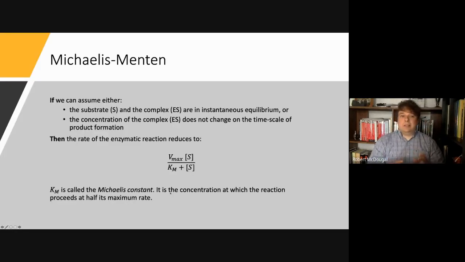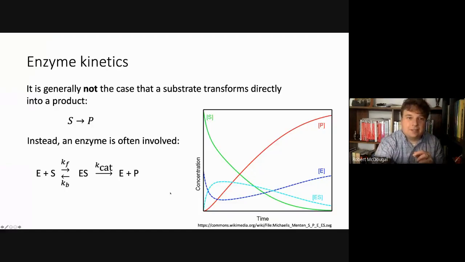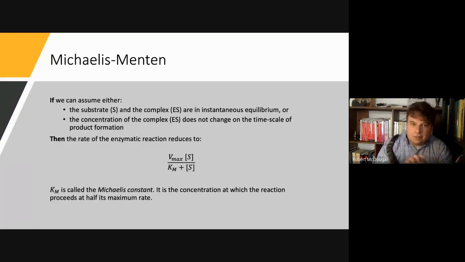All right, but it turns out that if I have these kinetics and I make certain assumptions, basically this means that the amount of enzyme that's binding to the substrate is not changing in any meaningful way, then the rate of enzymatic reaction reduces down to this form.